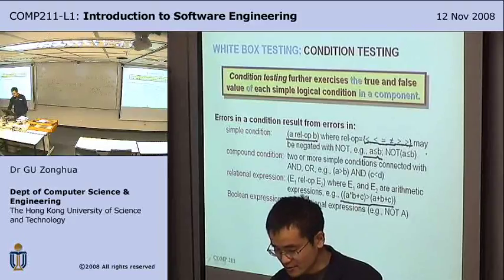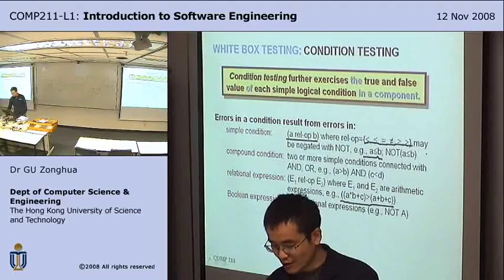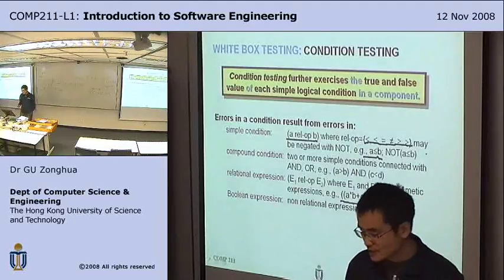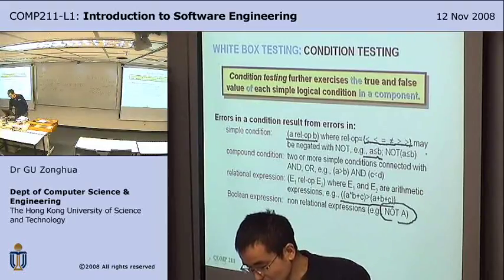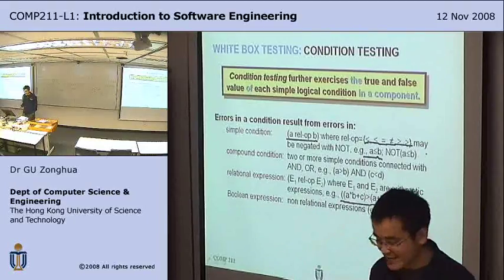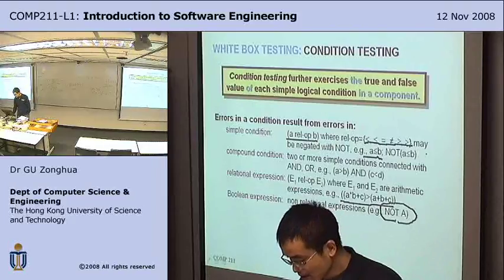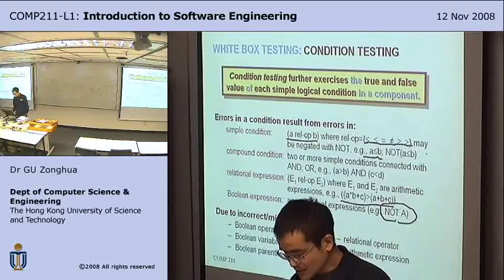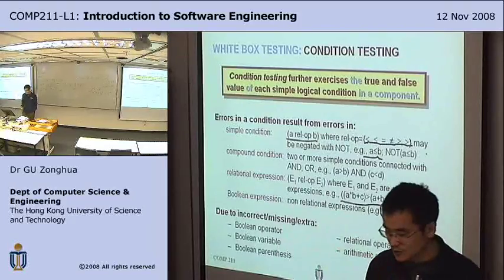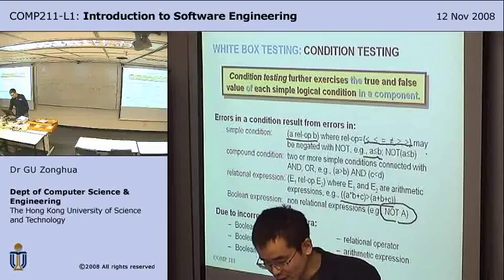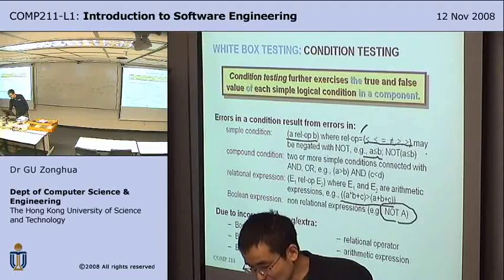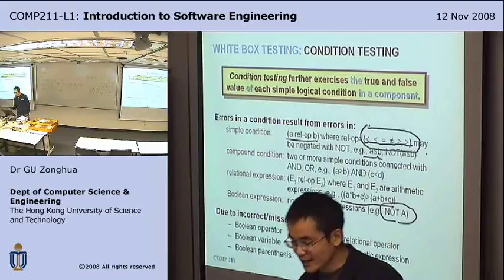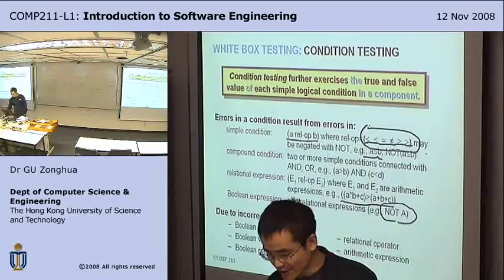Also, Boolean expression, so non-relational expressions, that is a single Boolean condition negated with not. So many errors can happen in these conditions. You can make an error in the Boolean operator. That is, in these operators, you may mistype greater than instead of less than.